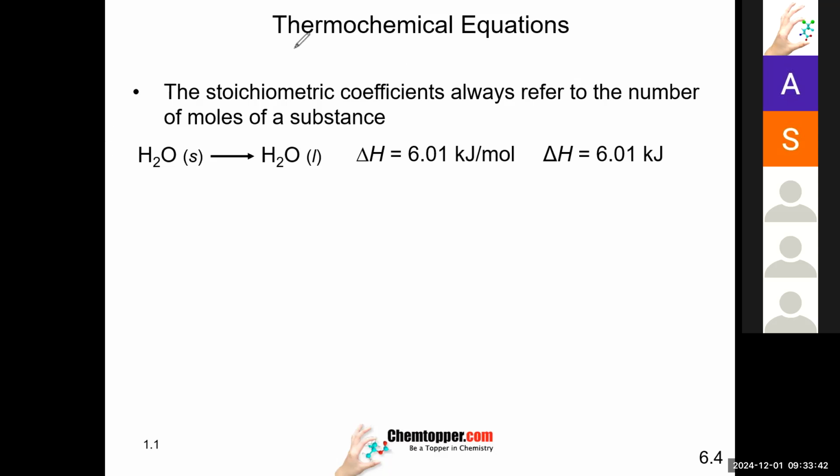Okay, so in thermochemical equations, we have to show the state of the matter, solid to liquid. So when some substance is going from solid to liquid, energy is needed, it is endothermic. So what is the sign of delta H? The sign of delta H is plus, endothermic, plus sign.